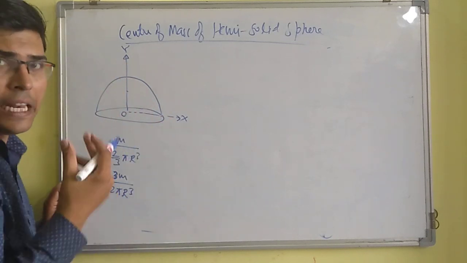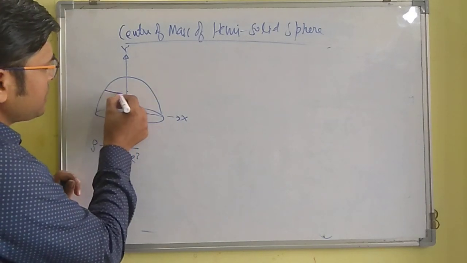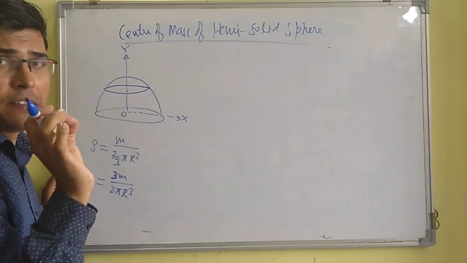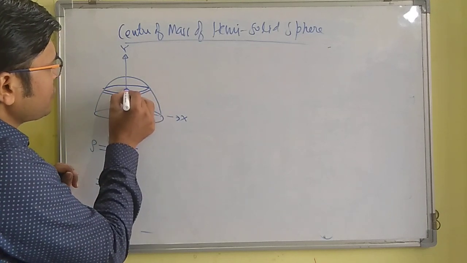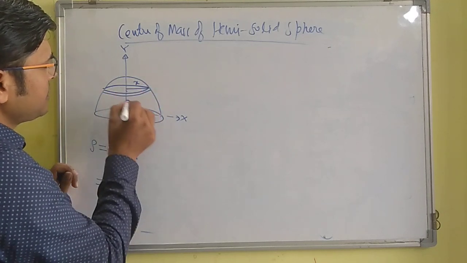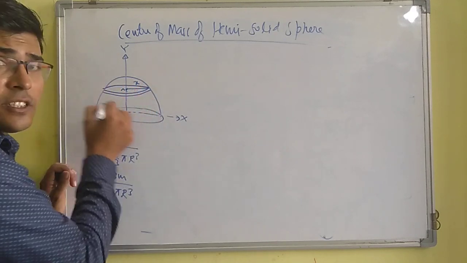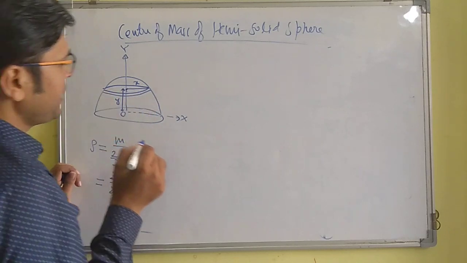But how to calculate element? So we are going to take an elemental disk over here and its volume has to be considered, right? So let's say radius of this disk is x and its center of mass, this elemental disk is lying at a distance of y from origin, right?